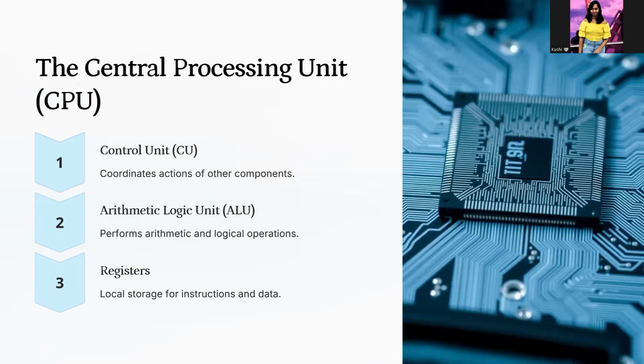Then, central processing unit, the CPU. The processor or CPU is the brain of the computer. It has three main components. First one is control unit, then arithmetic and logic unit, and the registers. The control unit controls all the devices which are connected to the CPU.